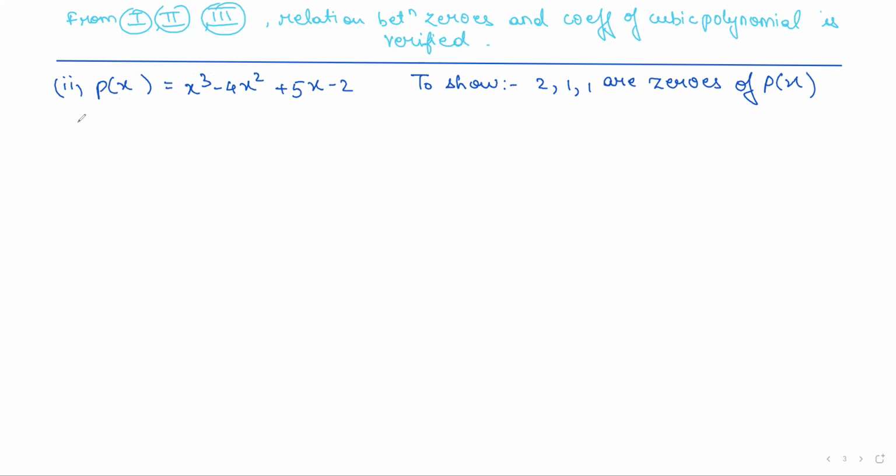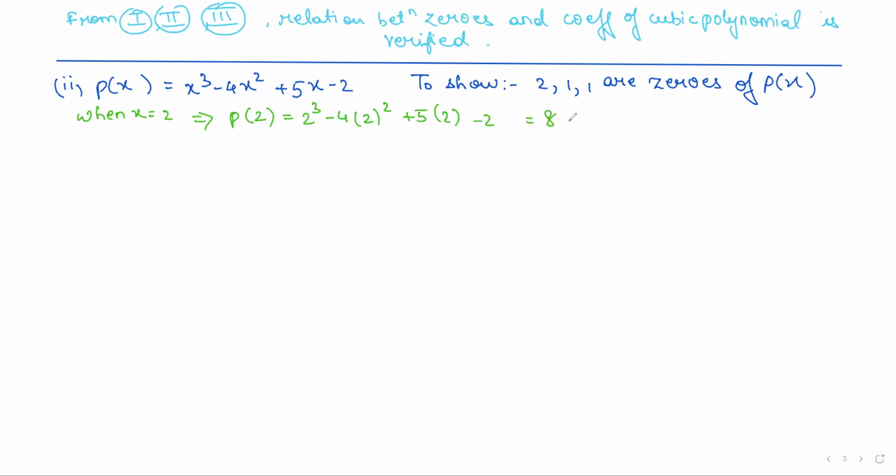So again, we'll substitute the values. When x is equal to 2, P of 2 will be equal to 2 cubed minus 4 into 2 squared plus 5 into 2 minus 2.